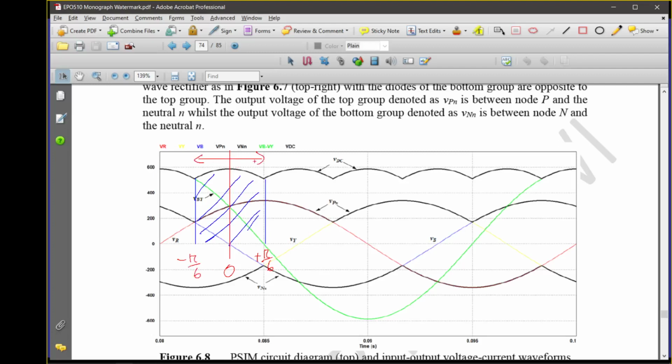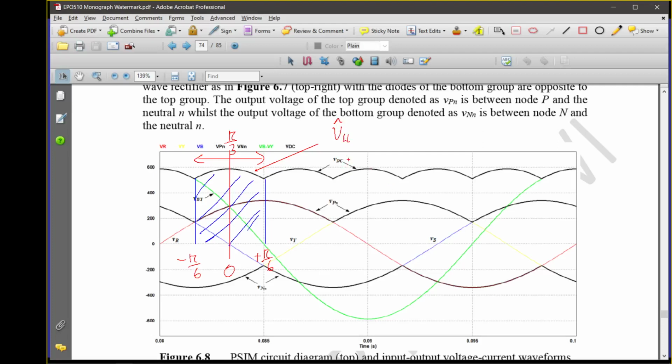We know that this is 60 degrees, pi over 3. So when you split, it becomes plus pi over 6 and minus pi over 6.